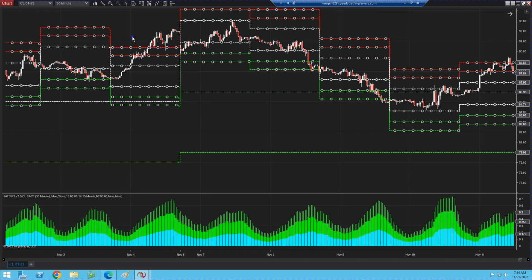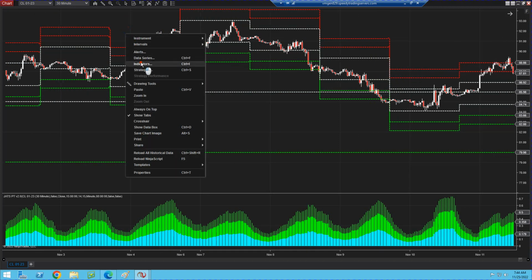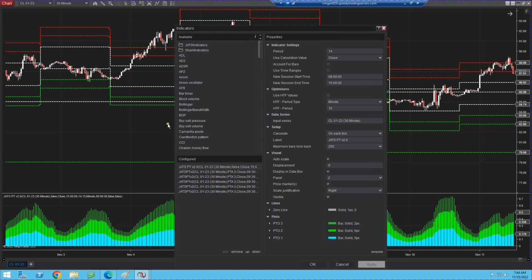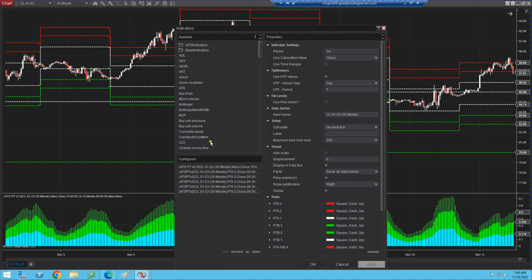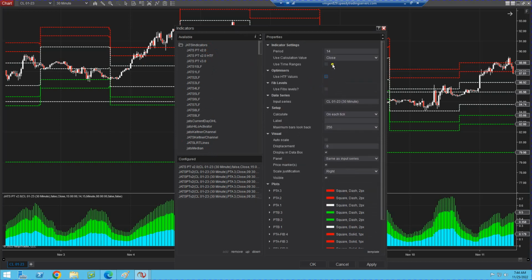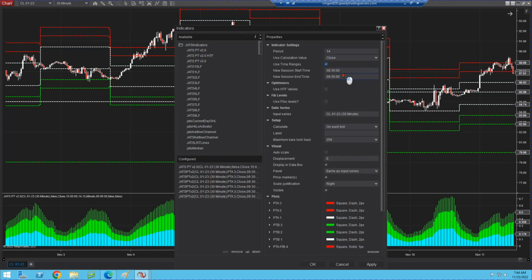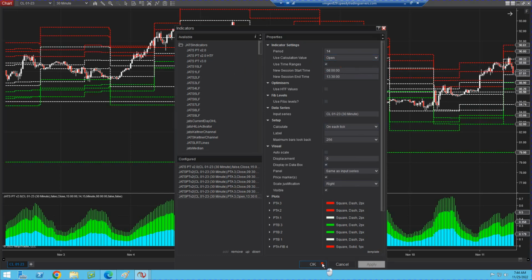Well, up here, I'll put my magic distributions on the chart. And very spooky, we can add one and make it an RTH session, right? So we can go from 8 a.m. to 13:30 on the open, hit apply, and there you go.